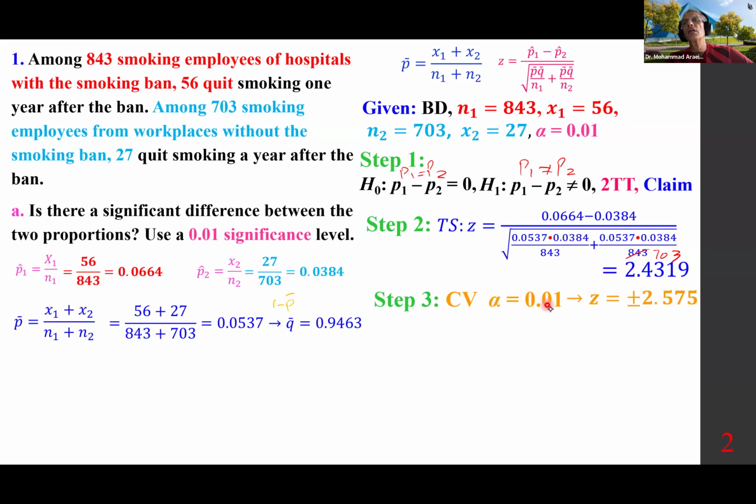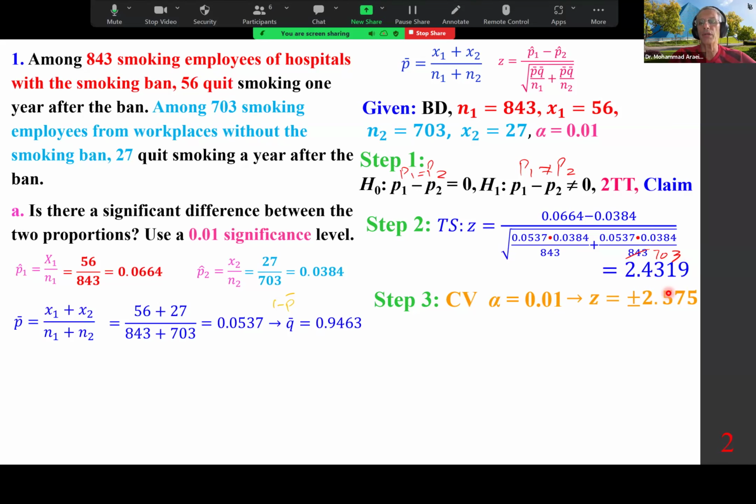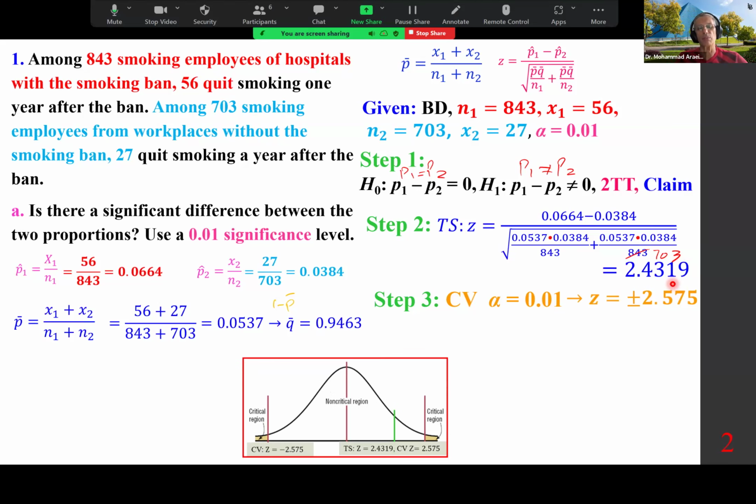To make a decision, we need to see where we end up in a matter of comparing these two. So a graph is a must. Notice Z is negative 2.575, so to the left of it is a critical region, the rejection region. It's also 2.575 to the right, and to the right of it is a critical region, rejection region.